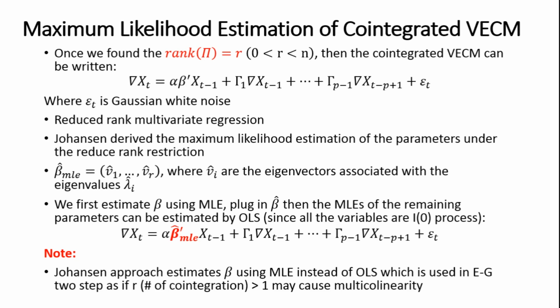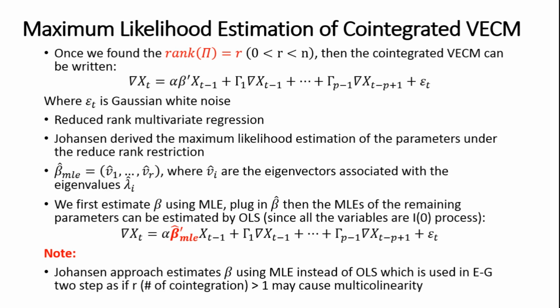So the estimate of the beta coefficients is given by the eigenvector associated with each eigenvalue.